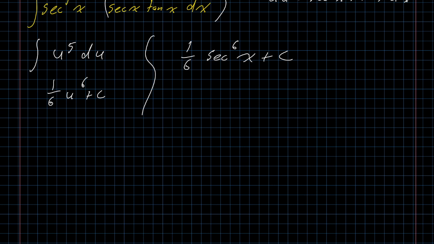All right. I have one other example that I wanted to look at here. Although before that, I do want to remind you, if you go back and look at a previous video, we looked at an example of the integral of secant cubed x dx.